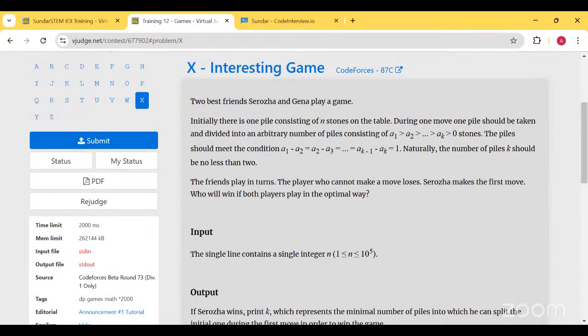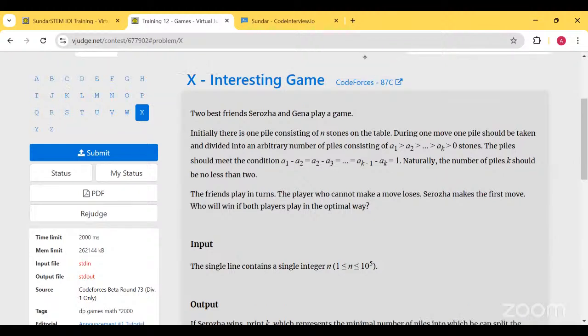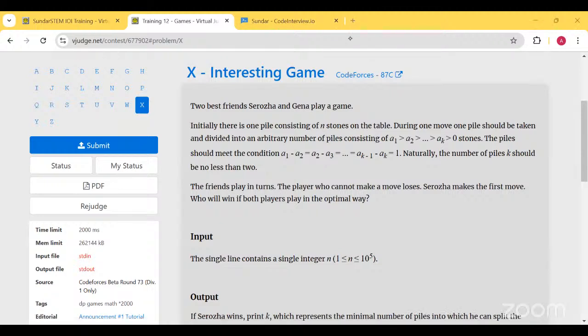And with the same theory, we can solve this one. I haven't proved it, and I still don't know what the proof is. Also for this problem, I don't know why the Grundy number is like that.